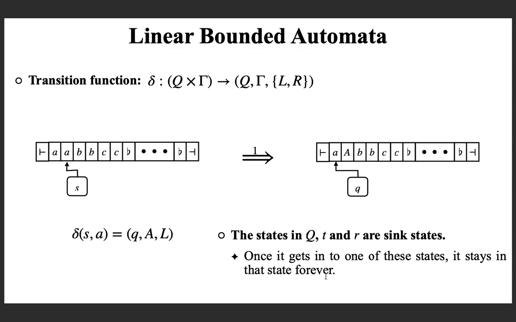That is, if it gets into T, it can keep on replacing symbols and moving left or right, but it cannot go out of the state T. Once it gets into T, it remains in T forever. Similarly R. And hence such states are called sink states. So T and R are sink states for linear bounded automata. This concept was not discussed in the previous lecture, but it is a fact.